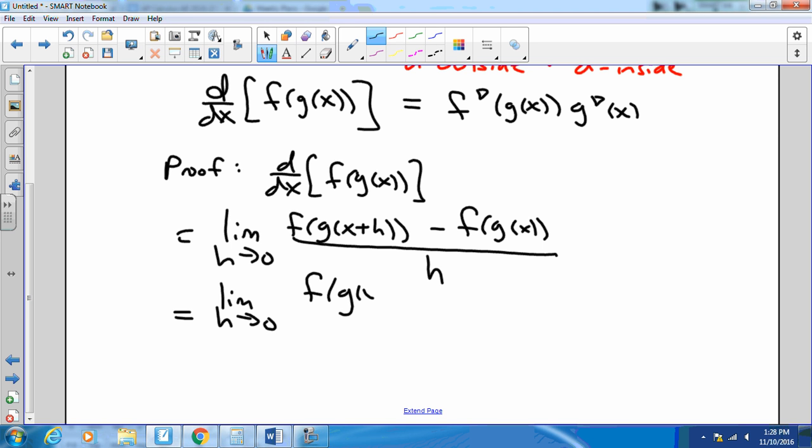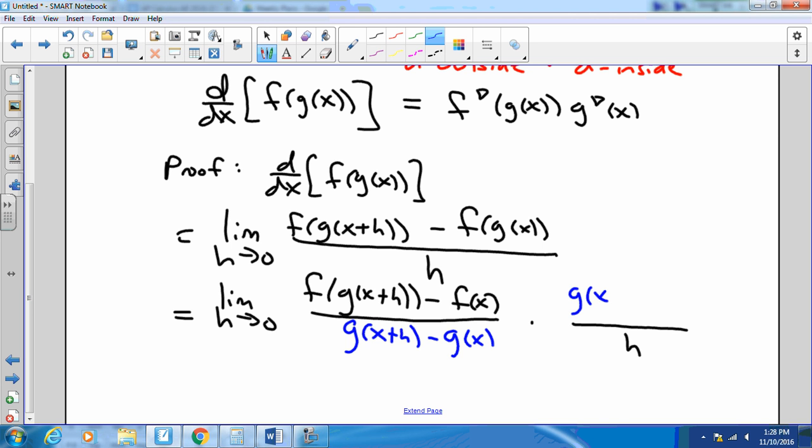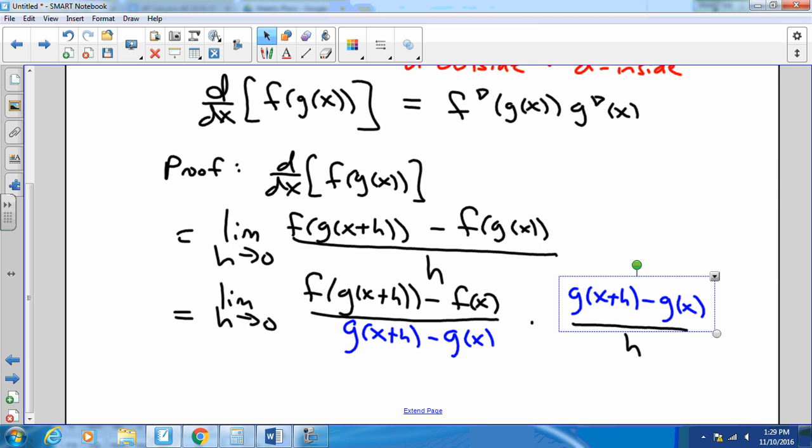I took all of this in the top, and I rewrote division by h as multiplying by 1 over h, and multiplied top and bottom by the quantity g of x plus h minus g of x. And this is simply multiplying by 1 because these two factors really cancel each other.